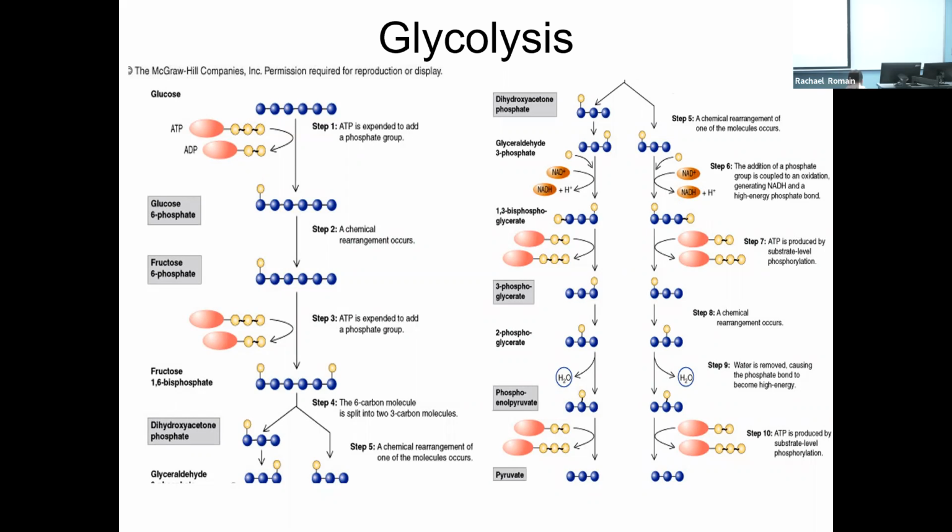So then our products are the 2 pyruvate. How much NADH? 2. And then we have ATP, okay?